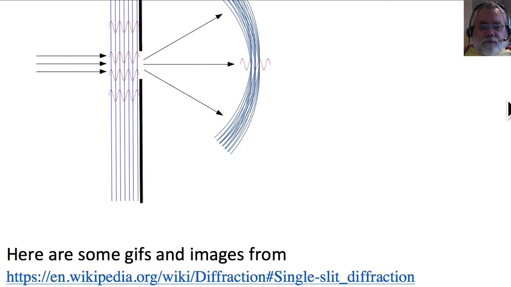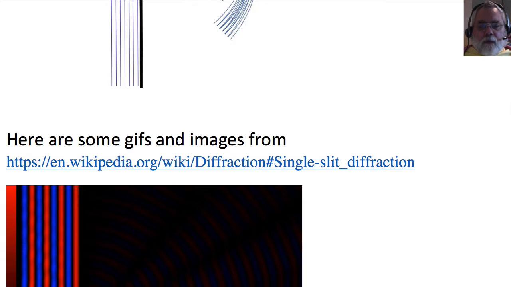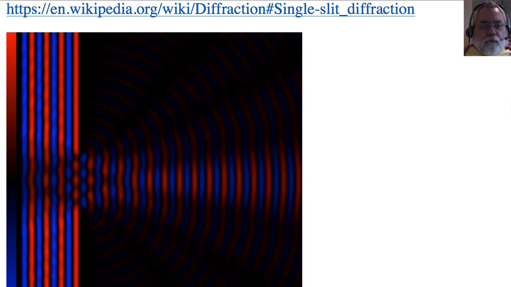Here are some GIFs and images from Wikipedia, different cases of single slit diffraction. And so they represent the wave in different ways. Here, the red and blue signify positive and negative excursions of the plane wave.